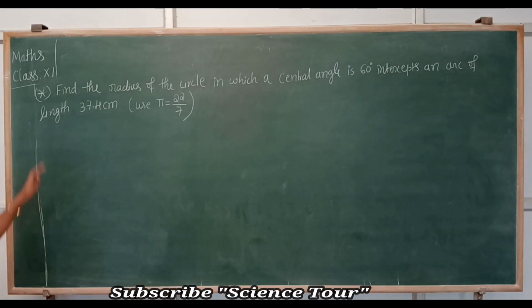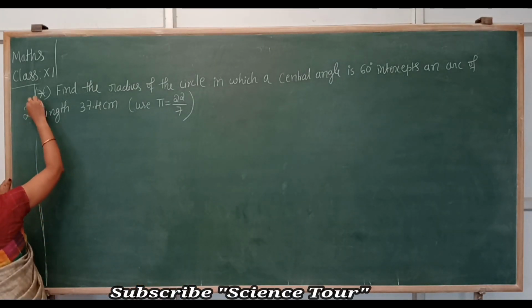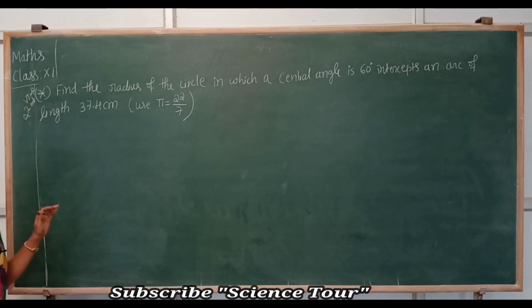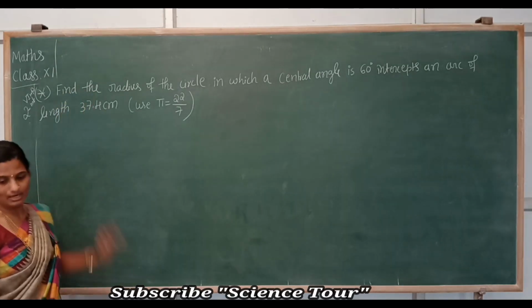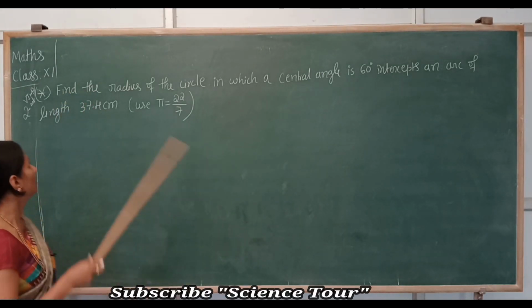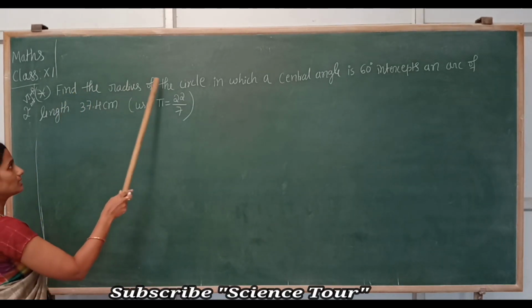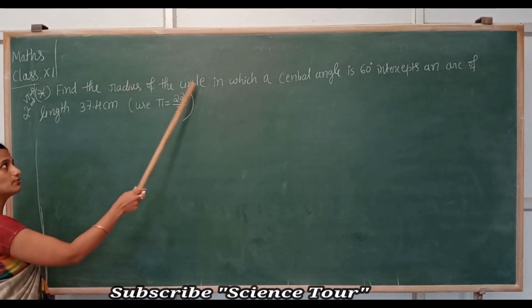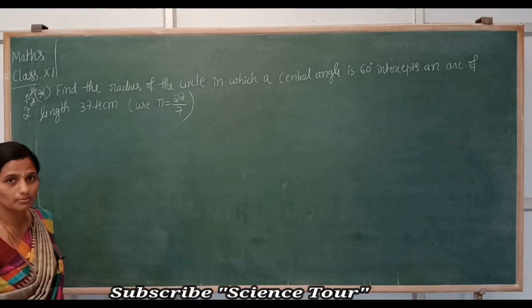Now next question. This type is important for 2 marks, very important question. Find the radius of a circle. Find the radius of circle means what is your question mark?